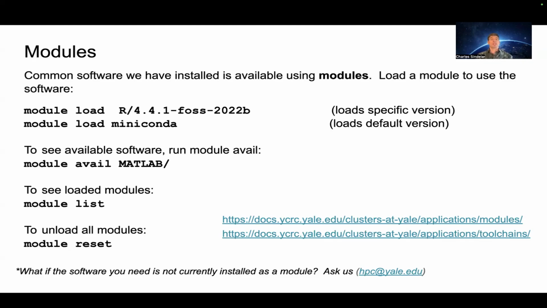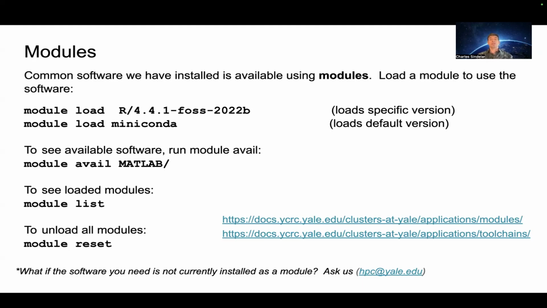And to facilitate the running of software in this situation, we use a system called the module system, where we have pre-set up thousands of commonly used software packages such that you can run them without having to worry about the type of hardware that you have, and so on.